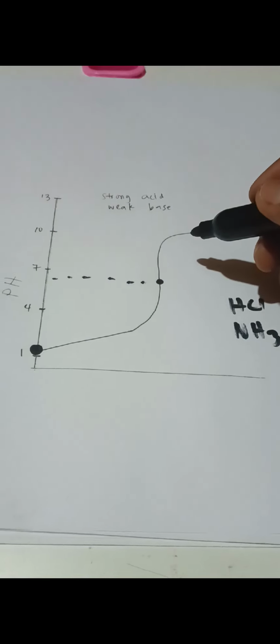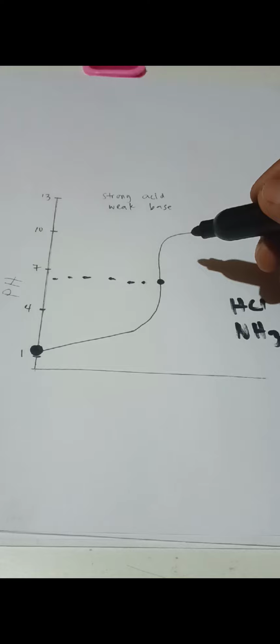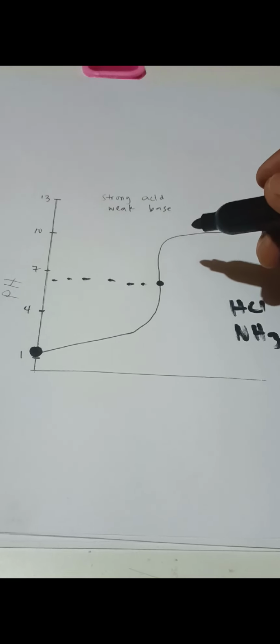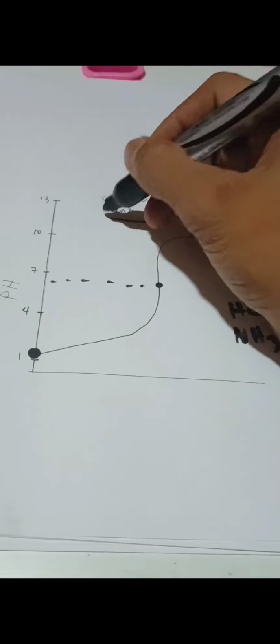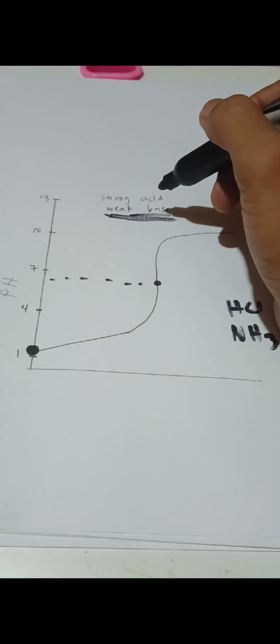That means at the equivalence point, the solution is slightly acidic. The reason for that is because we have a weak base instead of a strong one balancing the effects of the strong acid.